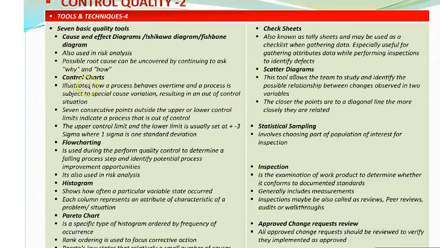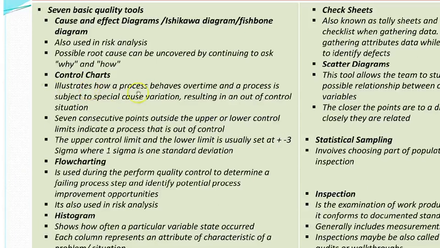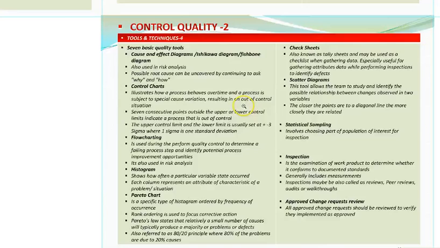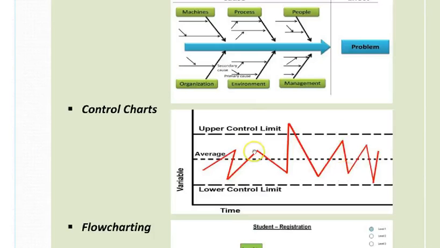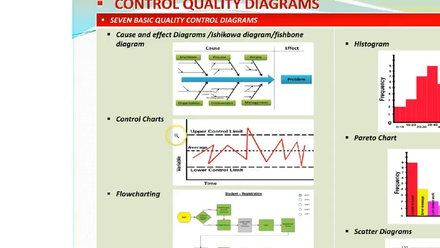Then we have the control charts, which illustrate how a process behaves over time, and when a process is subject to special cause variation, resulting in an out of control situation. Now again, the control chart looks something like this. It has an upper control limit, a lower control limit, and in the middle is the average. Anything going over the limit is not good, so you have to make sure everything stays within the limits.